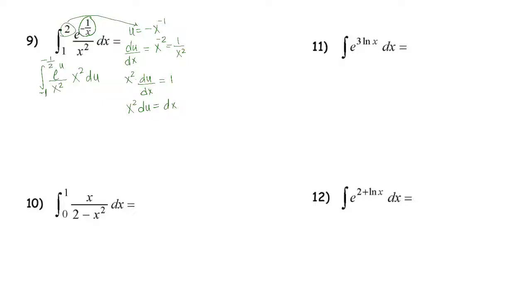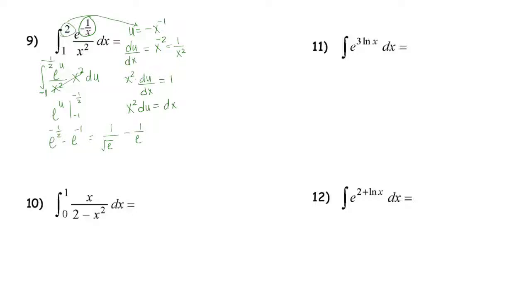And so -1/2 is larger than -1, so we're okay to go ahead and do our integration. So I'm going to have e to the u, and then I'm going to evaluate that from -1 to -1/2. And so we're going to have e to the -1/2 minus e to the -1. And that's going to translate to be 1 over the square root of e minus 1 over e. And that's probably as far as you'll see that problem worked.